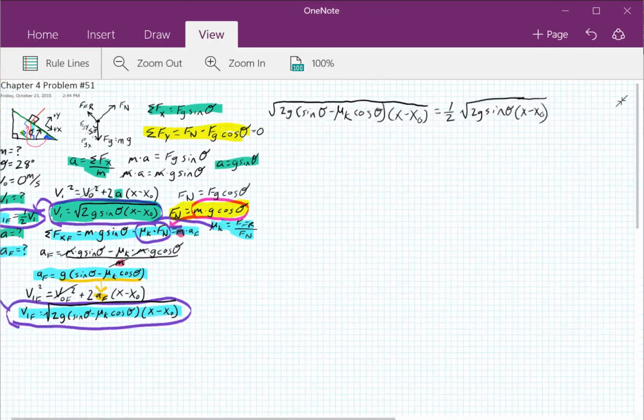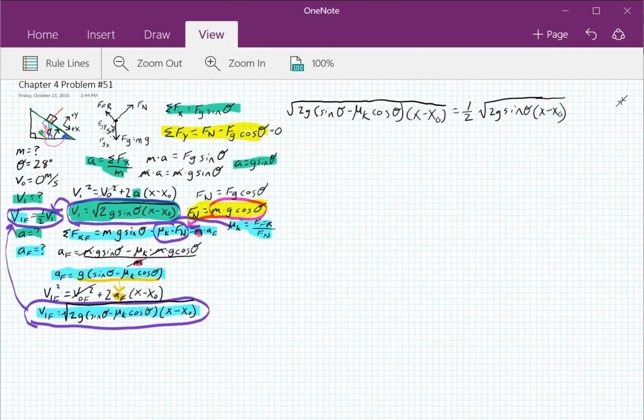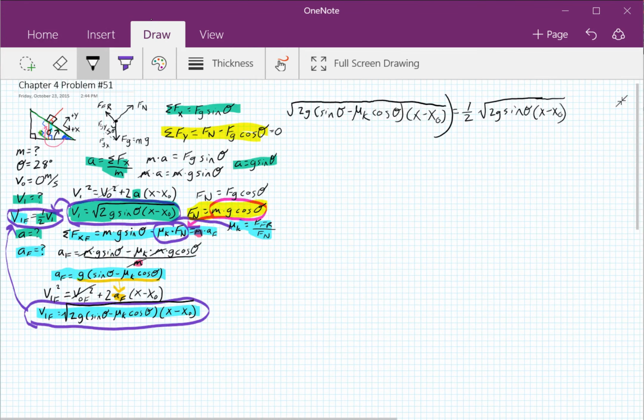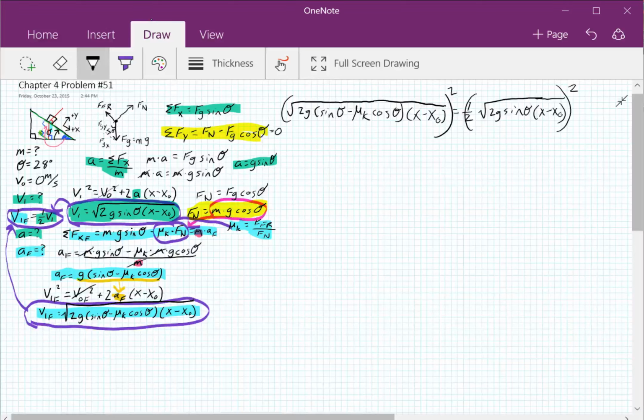Now I can zoom out so you guys can see it all. Now, it's obvious that we're going to have to square everything. Okay, so we're going to have to square all of these values. And we're going to have to square all of those values. So you're squaring that 1/2.